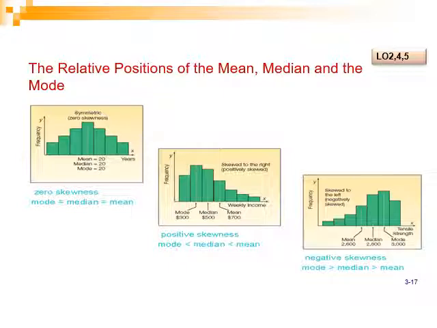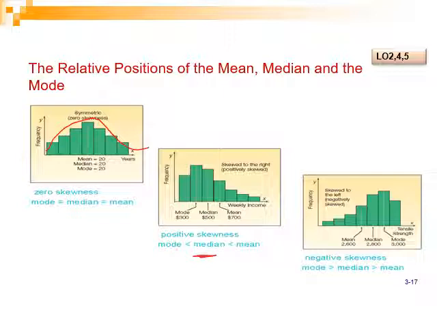If we calculate the mean and find it equals 20, the mode equals 20, and the median equals 20, the data have this curve. The skewness is zero because it's not skewed to the left or to the right. So the mode equals the mean equals the median.